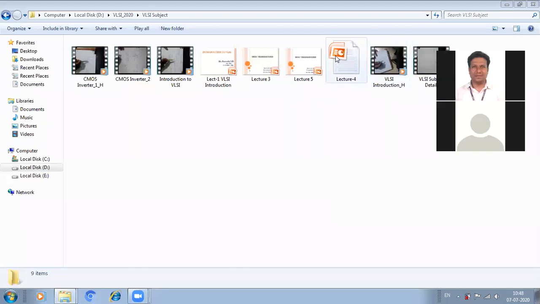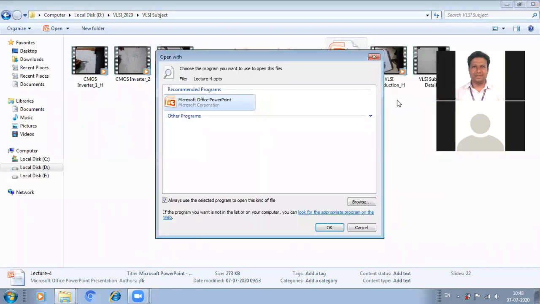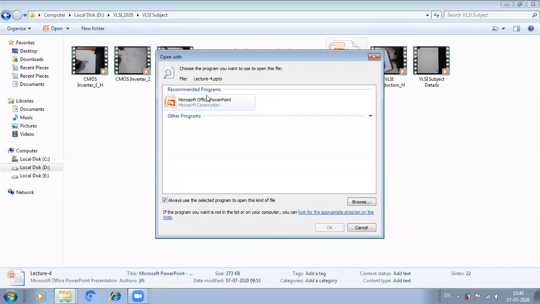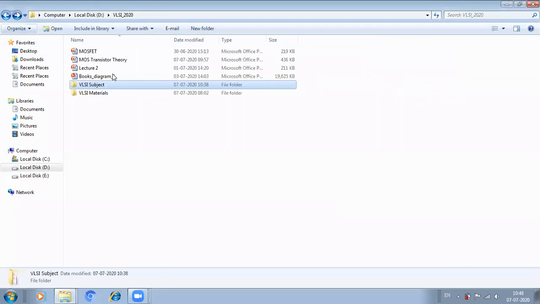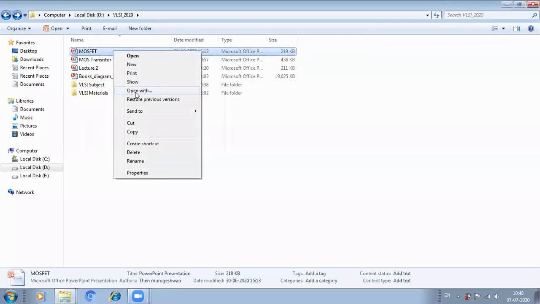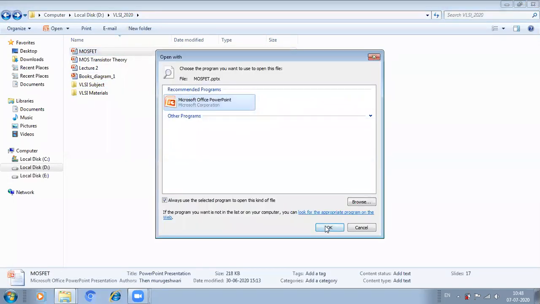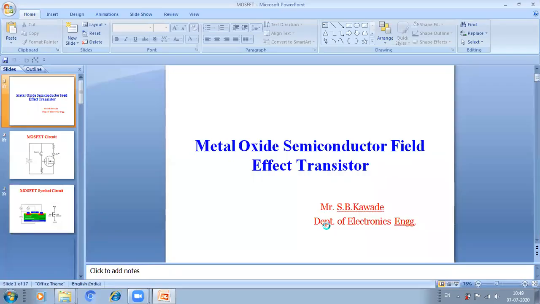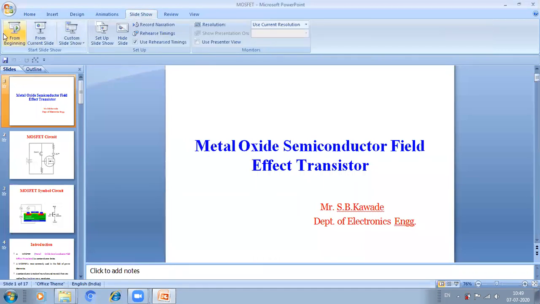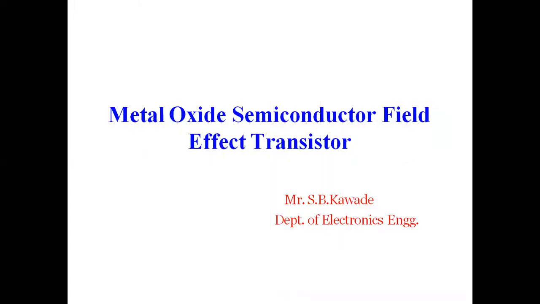Also, before going into this MOS transistor theory, all of you know the MOS transistor devices. In the previous session also we have understood this is the metal oxide semiconductor field effect transistor.